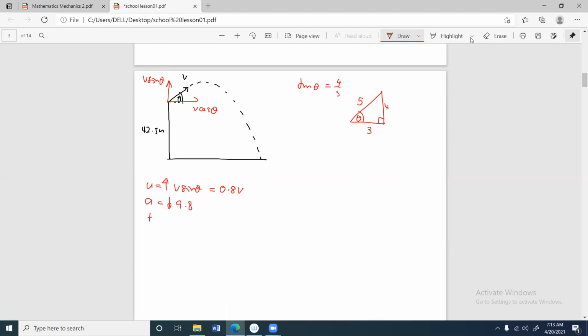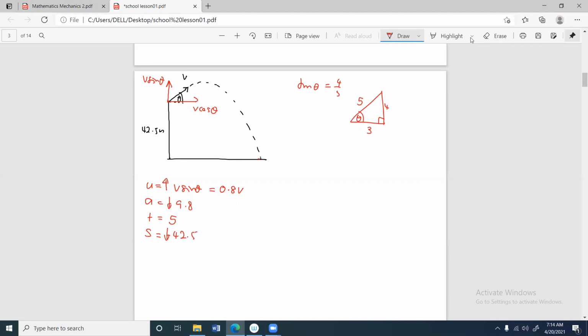They have given the time, time is 5. Then displacement. Displacement is the shortest distance. We are working on the vertical motion. Vertically, from the initial point to the final point, you can see it has fallen 42.5 meters down when it reached this point. Therefore, you can write displacement is 42.5.